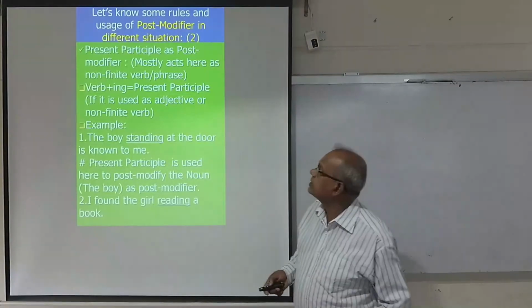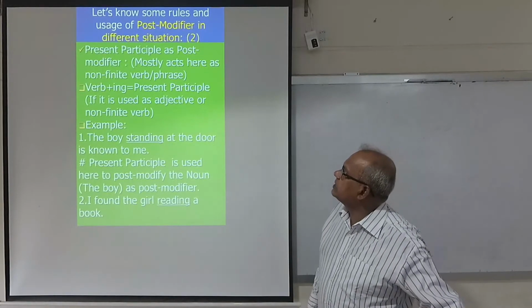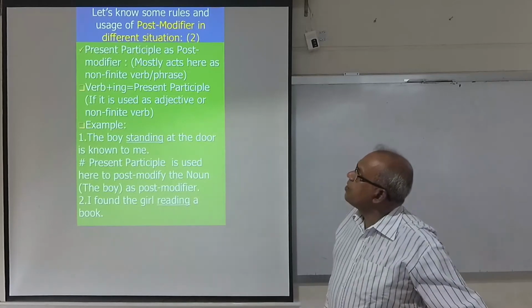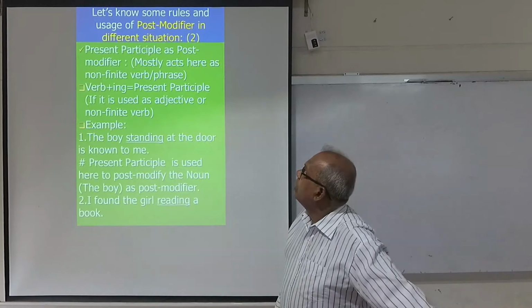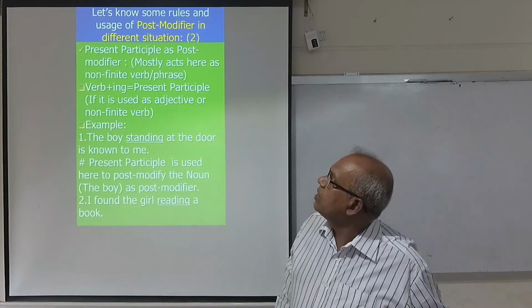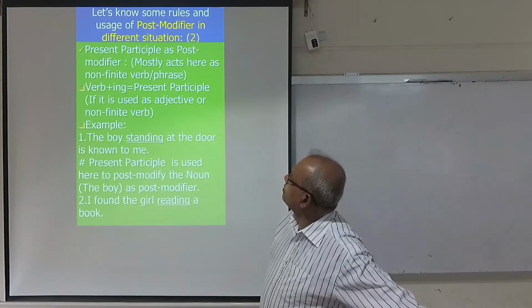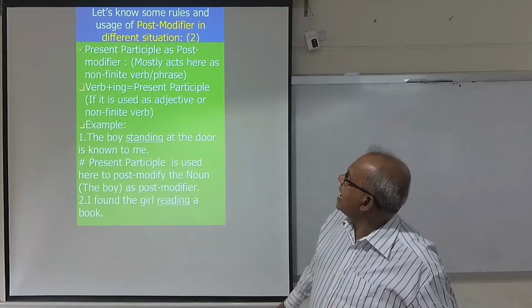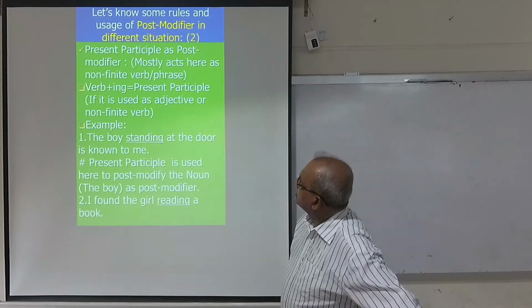Okay, dear students. Now, present participle as post-modifier mostly acts here as a non-finite verb or phrase. To learn post-modifier, we have to know present participle as post-modifier. But you have to remember it mostly acts here as a non-finite verb or phrase.